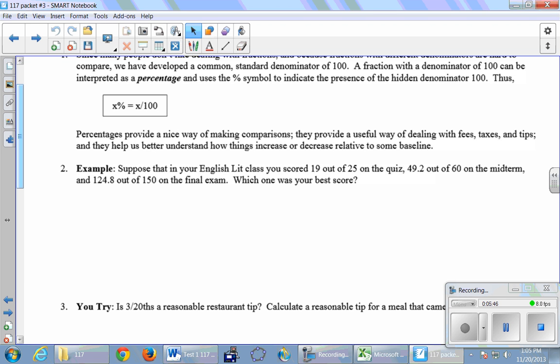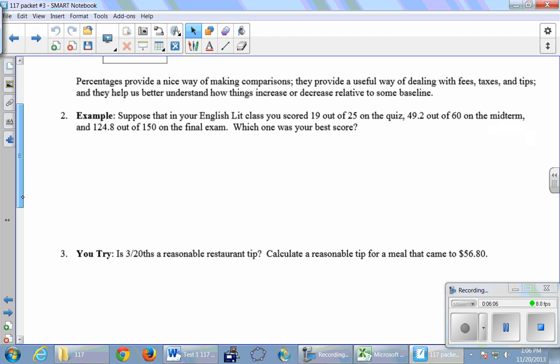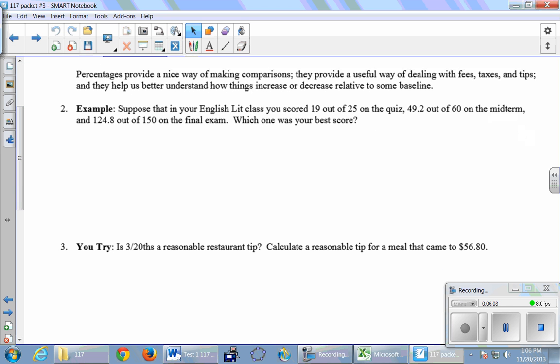So X percent really means X over 100. And in fact, that over 100 is buried in the word percent. Per meaning out of, and then cent has to do with 100, right? So percent, out of 100. Chad? Great, thank you. Stephen, number 2.